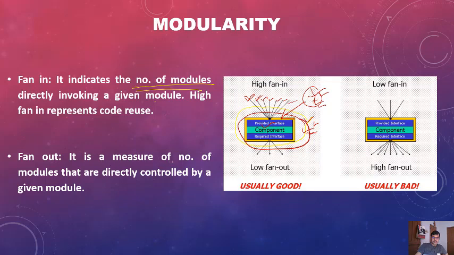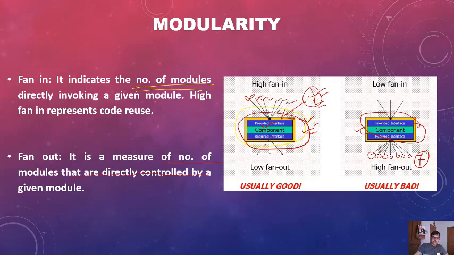Fan out is the measure of the number of modules that are directly controlled by a given module. The number of modules directly controlled by this module: 1, 2, 3, 4, 5, 6, 7. These 7 modules are controlled by this single module, so the fan out of this module is 7.